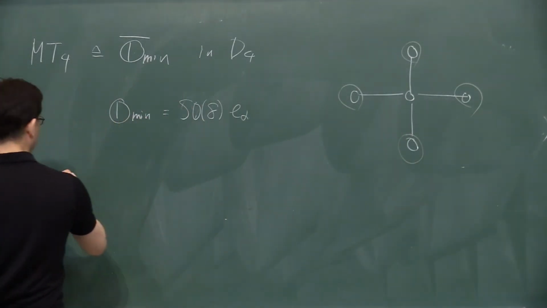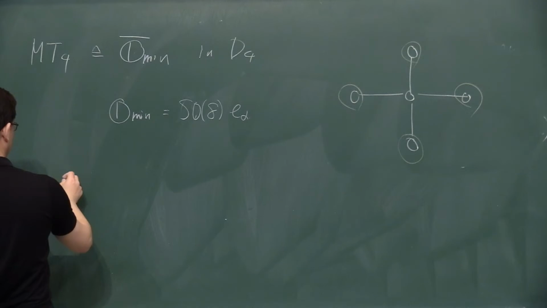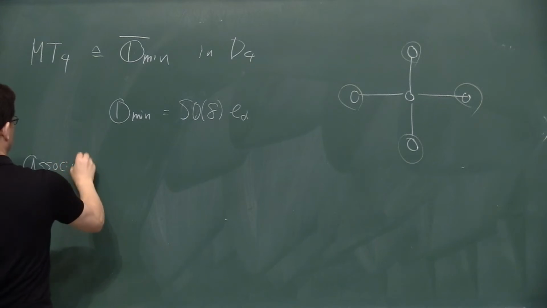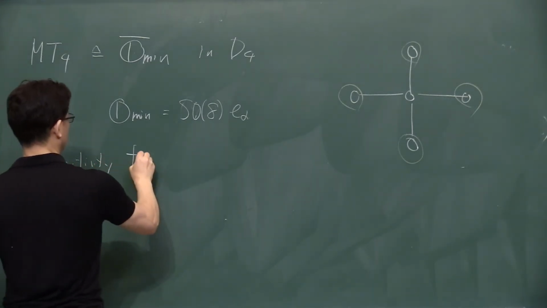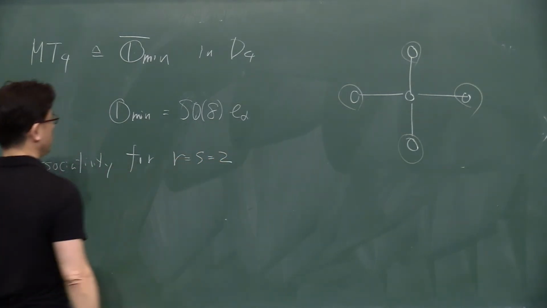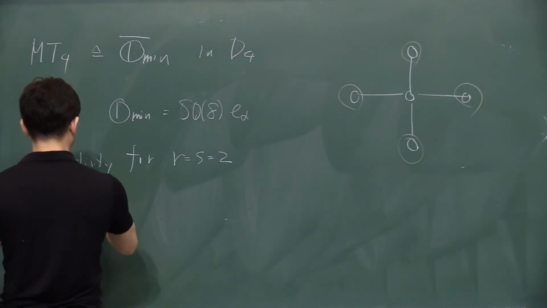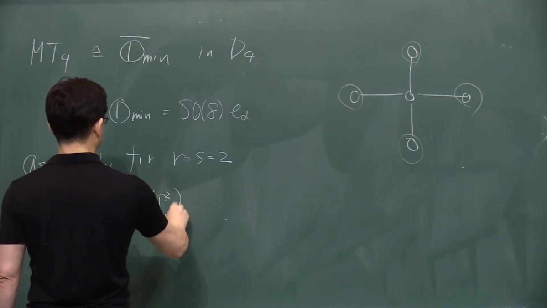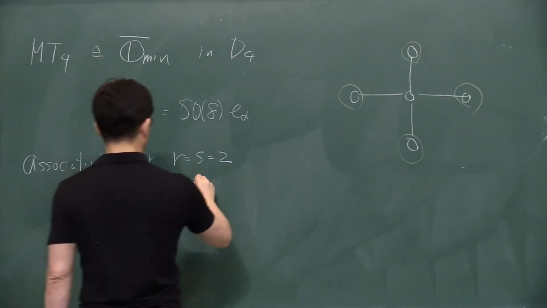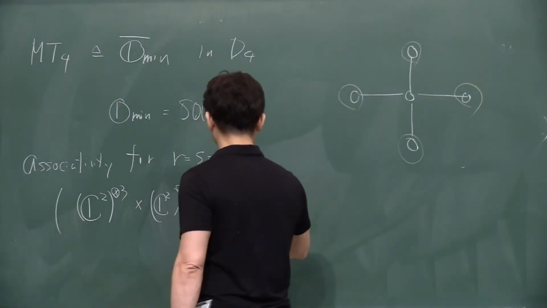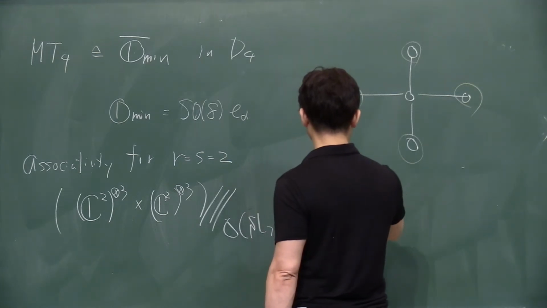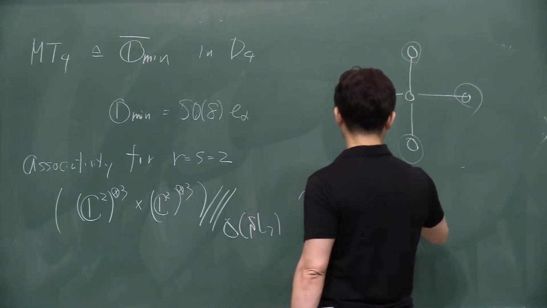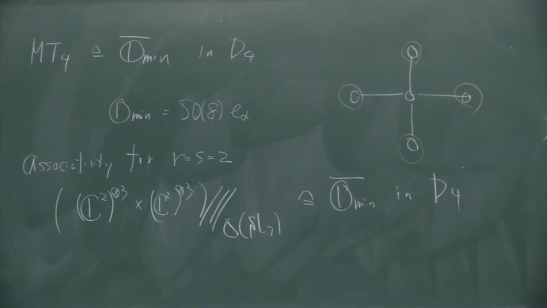And let's look at the associativity condition for R equals to S equals to 2. So this says if you do symplectic reduction of this product of symplectic vector spaces, then you get a minimal nilpotent orbit closure in D4, which looks quite a non-trivial statement.